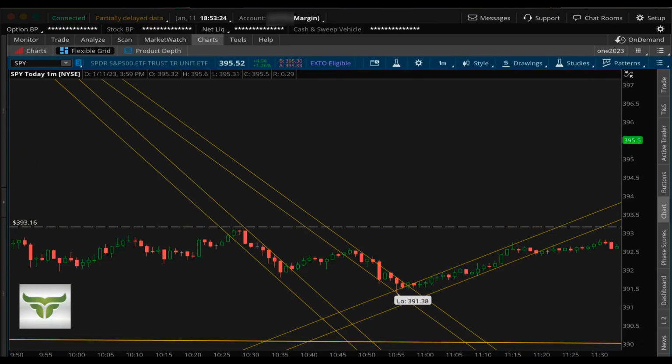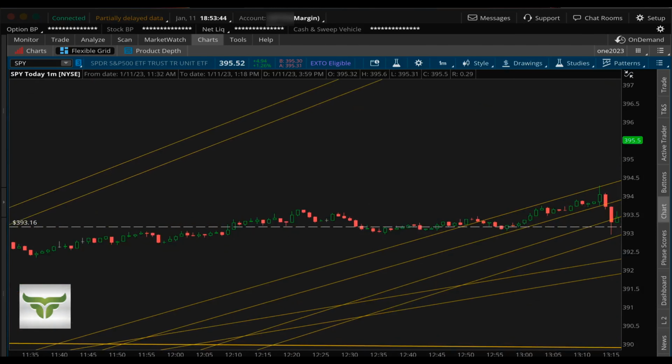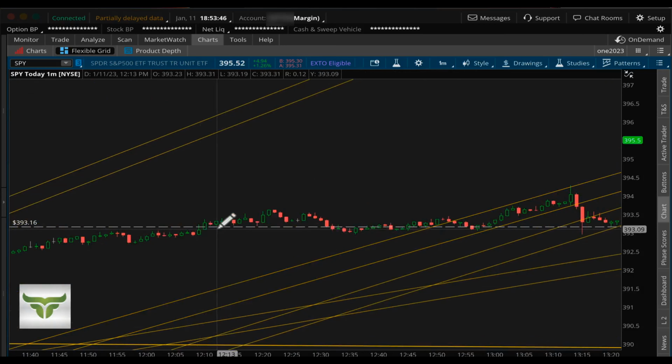Resistance, resistance, resistance, resistance. So that was earlier on, 393.16. Resistance, resistance, resistance, resistance. Finally, resistance, breakout. Not really much of a breakout because it came right back down.